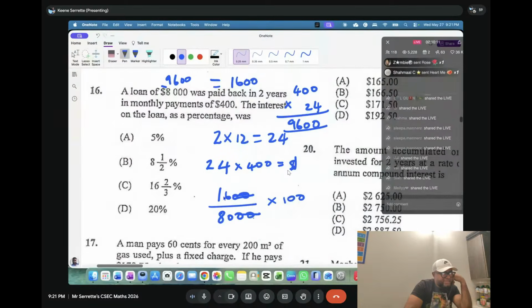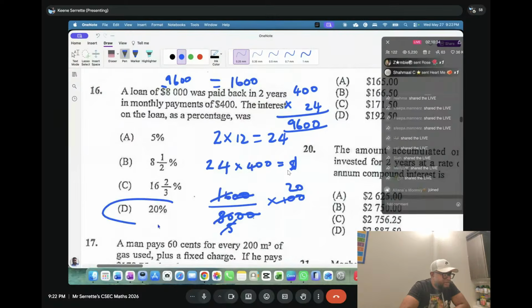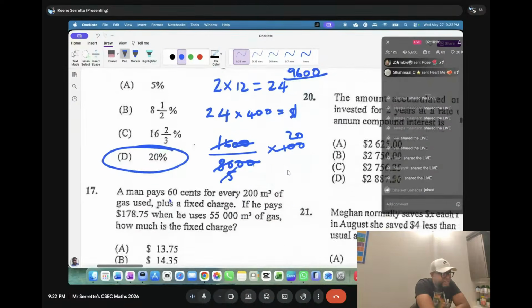Can 16 go into 18? Yeah, 5 times. Into 80, 16 into 80 is 5, and then 5 into 100 is what? 20. Done. That's the interest on the loan.